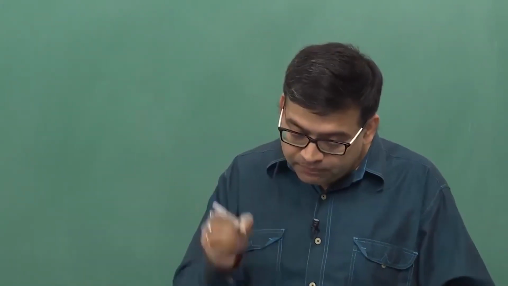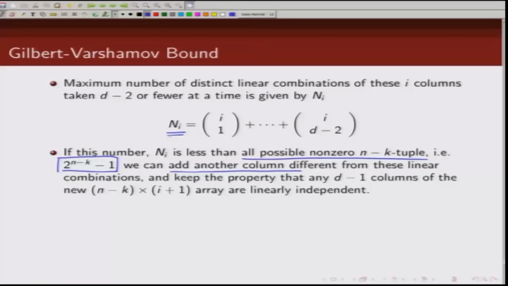In other words, they are linearly independent. So, if we can ensure that this number N_i is less than 2 raised to power n minus k, minus 1, then we can add another n minus k column which would be different from any linear combinations which are counted here.